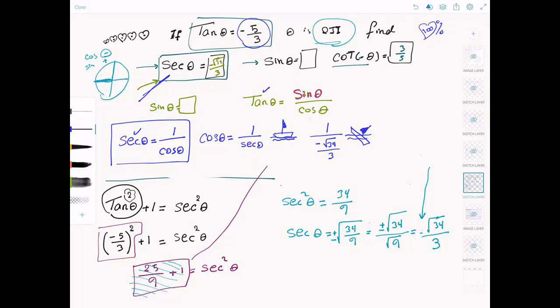Don't have that feeling, you can do it. This is going to be 3 over radical 34, negative. You rationalize it. And the answer is negative 3 radical 34 over 34. So that's the cosine.